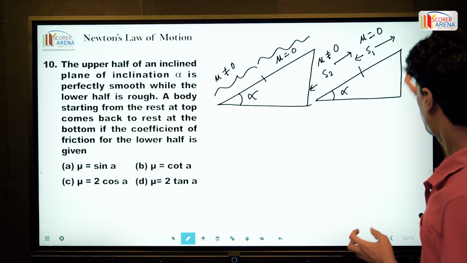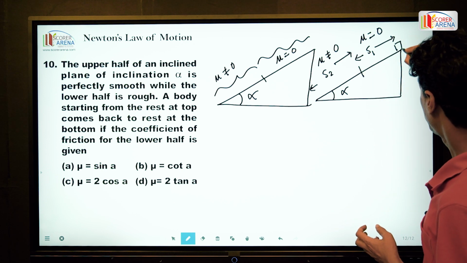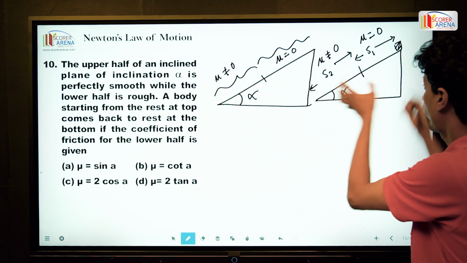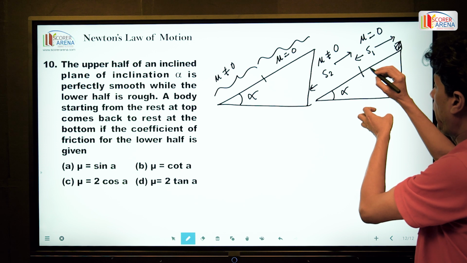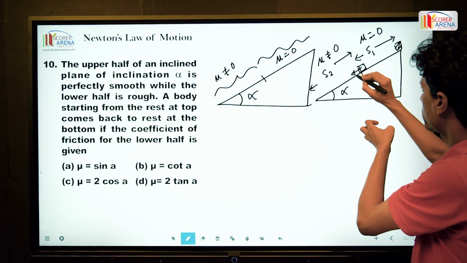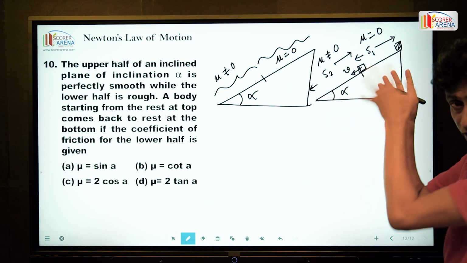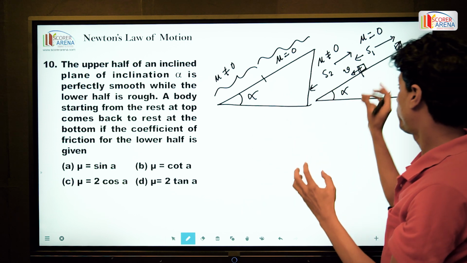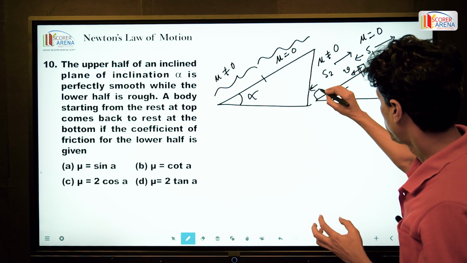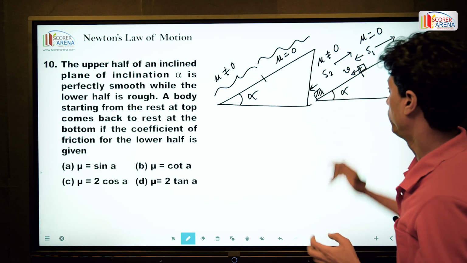One body is starting from the top and attains some velocity v, and finally the velocity of the particle becomes 0 at the bottom of the inclined plane.